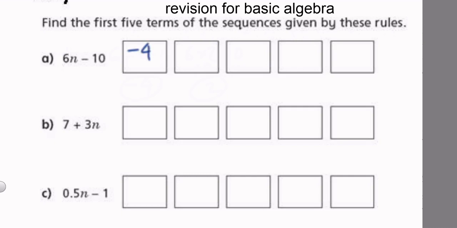That was minus 4. That was 2. Replace the n with 3 now. 6 times 3, take away 10. It's 18, take away 10. That is going to be 8.